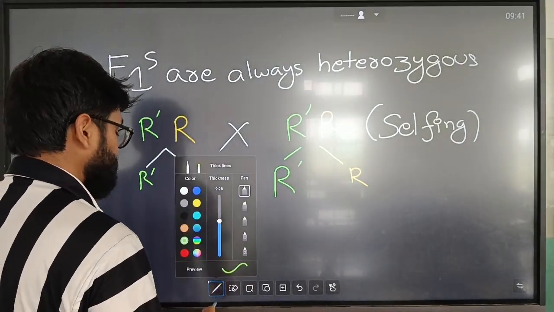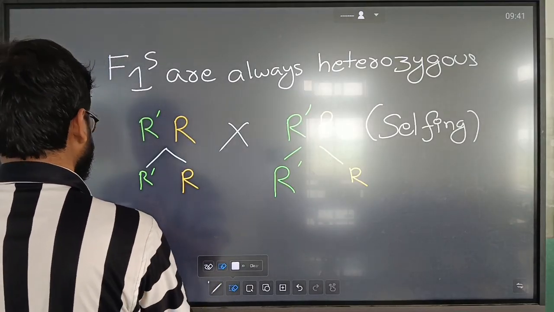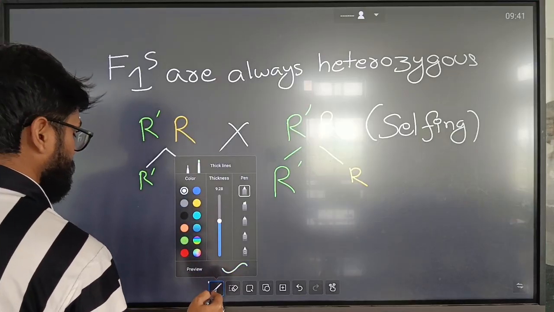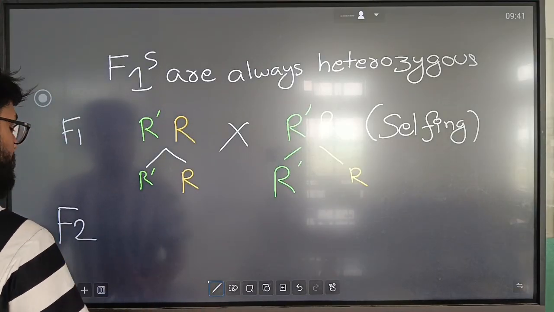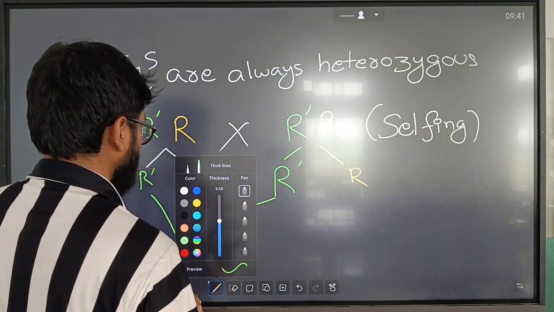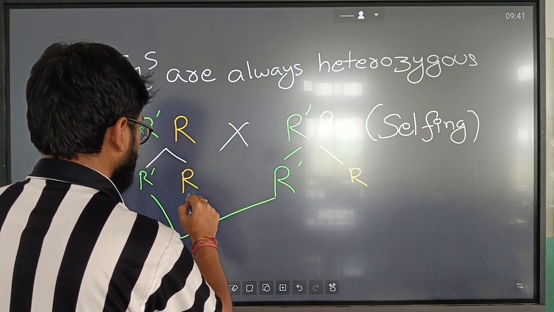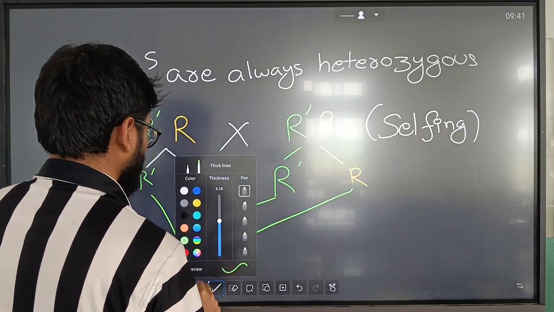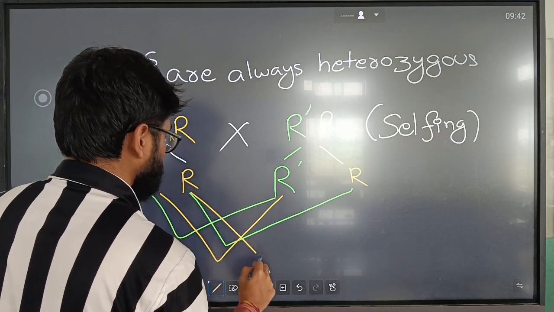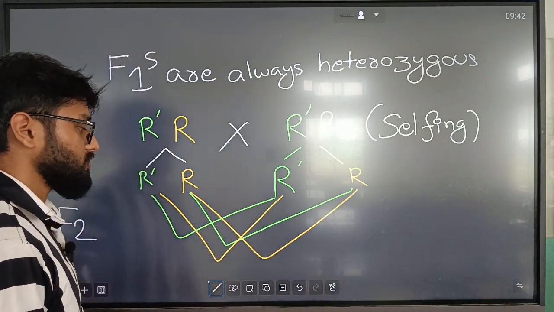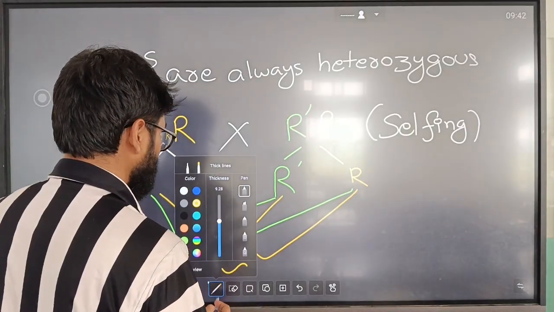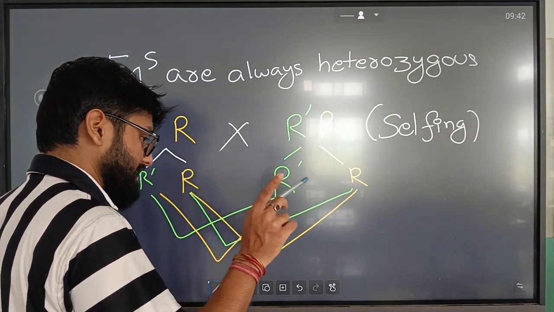Okay, and in this sense, we get F2, correct? This will pair up with this. This will pair up with this. This will again pair up with this, and this will also pair up with this. Okay, so you still get 4 possibilities. Okay, you still get 4 possibilities, but now there is a slight difference.